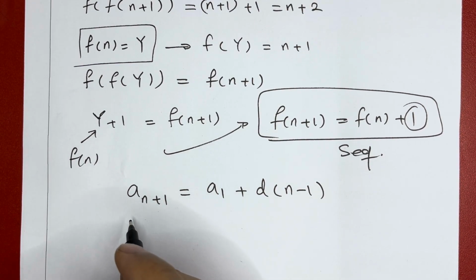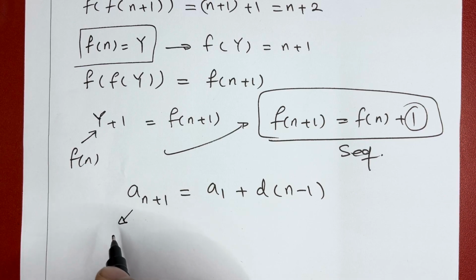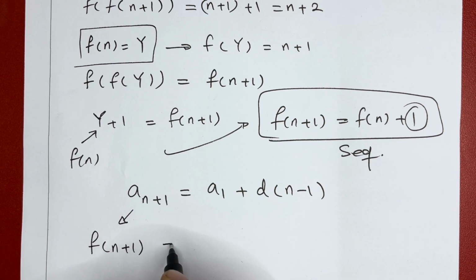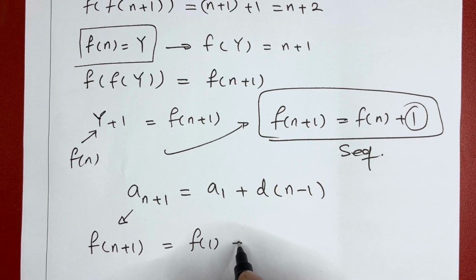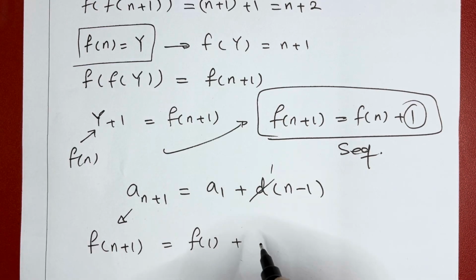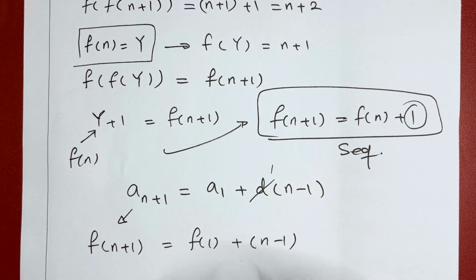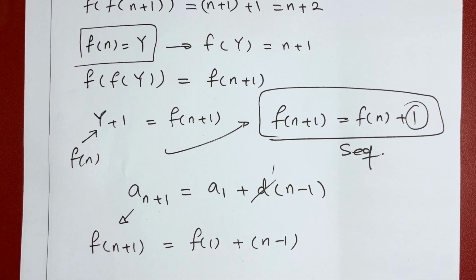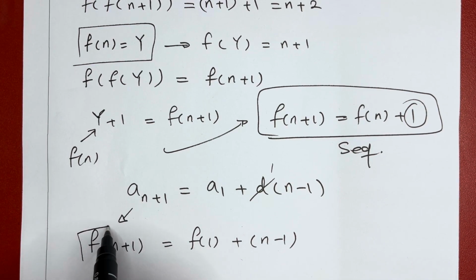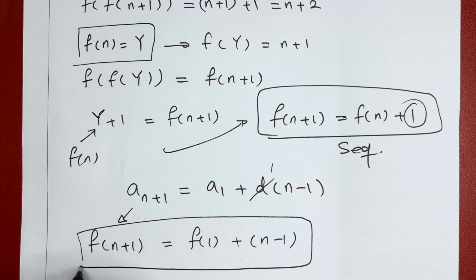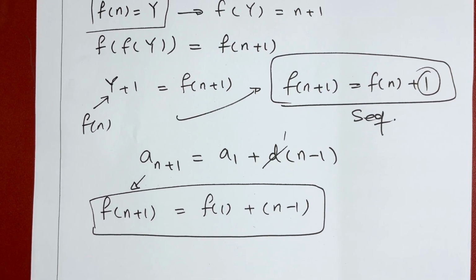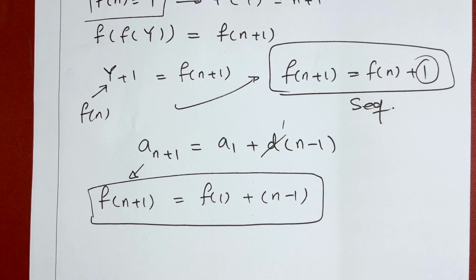So this one is like f of n plus 1, this one is f of 1, d is 1, and we have n minus 1. So we know that f of n plus 1 will be f of 1 plus n minus 1.